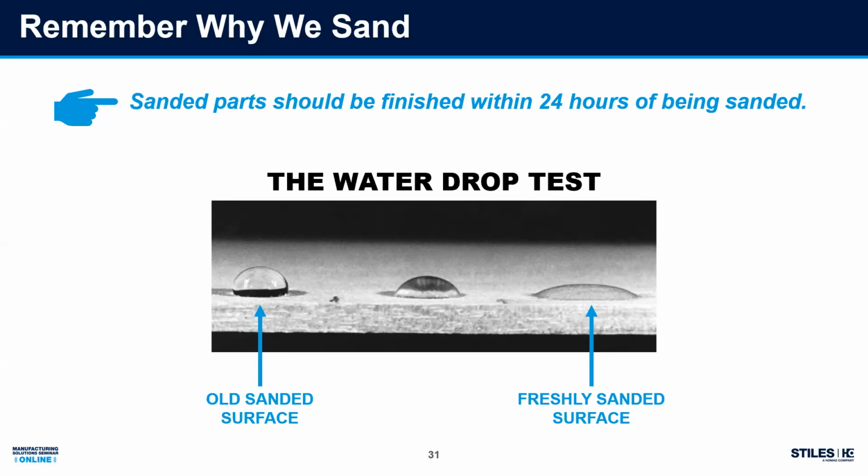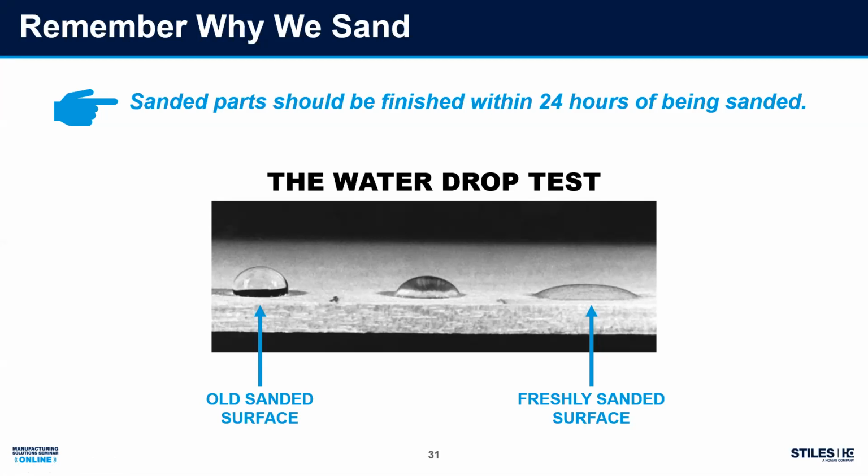You'll see that on an unsanded surface or an old sanded surface where the pores of that wood fiber have closed up, the water wants to bead up and does not want to absorb very evenly. Whereas on the right-hand side, something that was freshly sanded, the water drop wants to dissipate very quickly. And this is an important thing to understand, and important to understand why we sand from this regard, because this helps in our finish process tremendously.